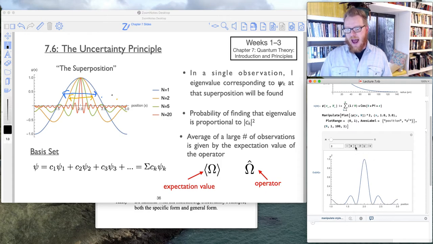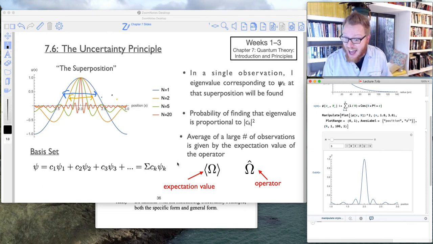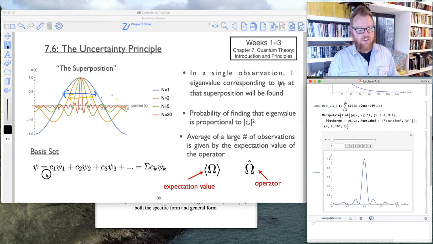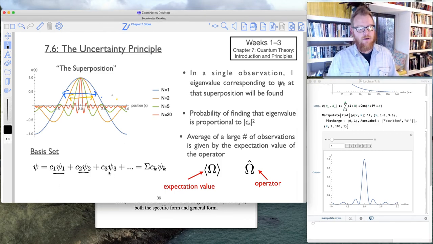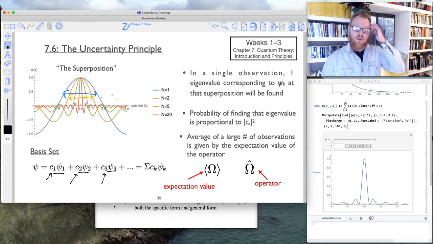And as I keep adding more and more terms in my basis set, right? So here, basically, my basis set is this sum of individual wave functions with, of course, their corresponding normalization constants, which in this case now become weighting factors, right?